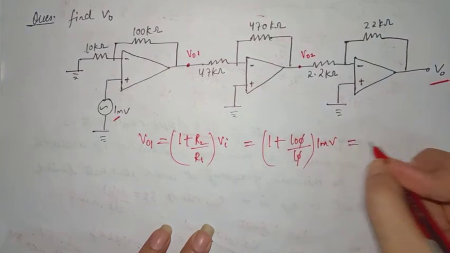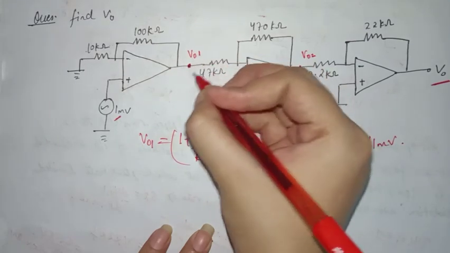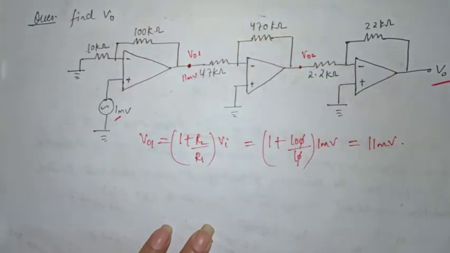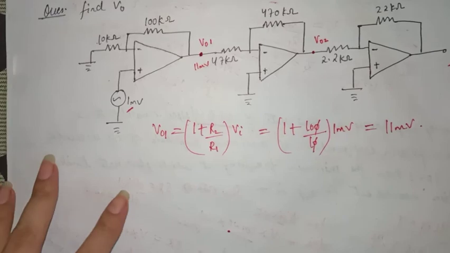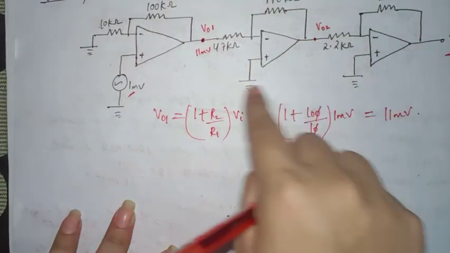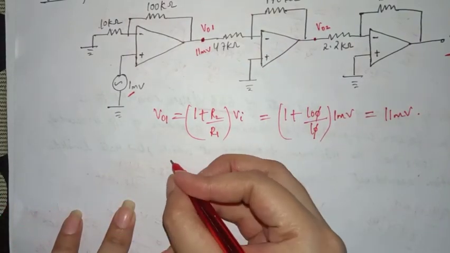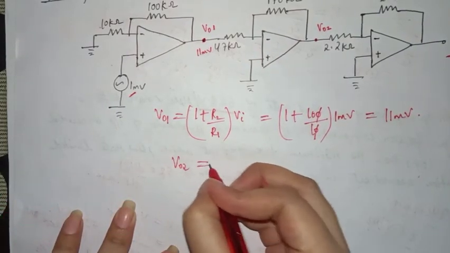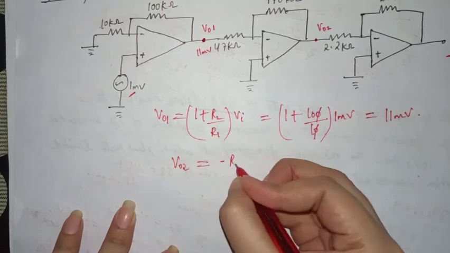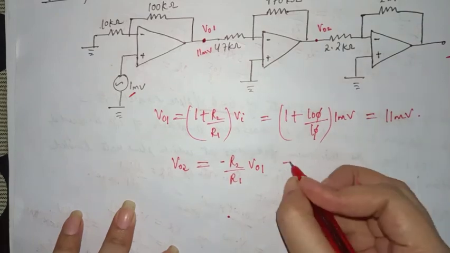So it is 11 millivolt. So the output here V01 is 11 millivolt. Now in case of V02, this is the case of an inverting amplifier, and the output voltage is given by minus R2 by R1 into V01.